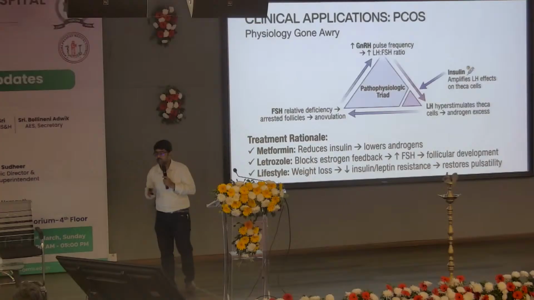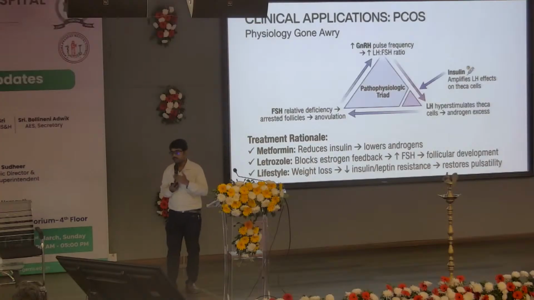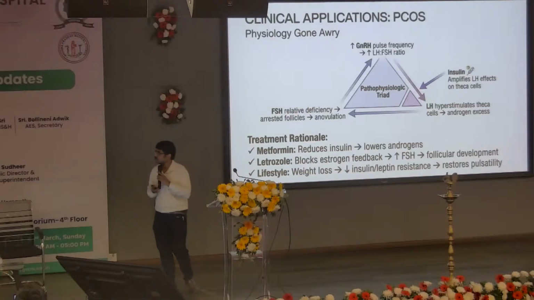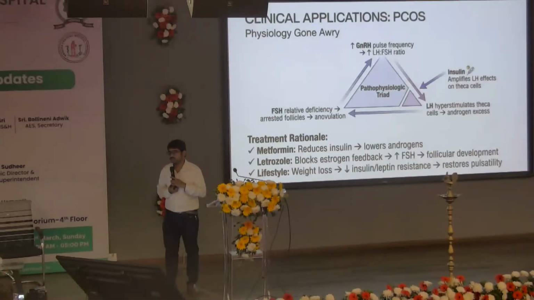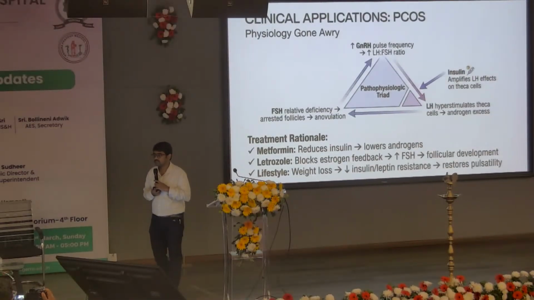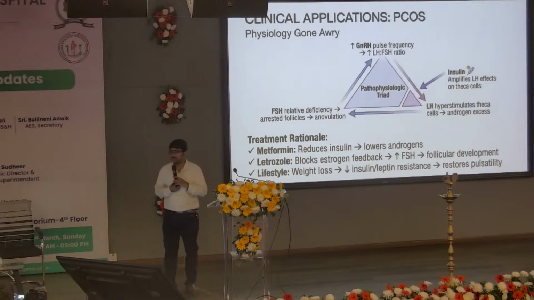The basic treatment modalities for PCOS are metformin, which tries to decrease the insulin levels and lower the accelerator effect on LH actions, and letrozole. What is letrozole? It is an aromatase inhibitor, which decreases the conversion of androgens into estrogen.